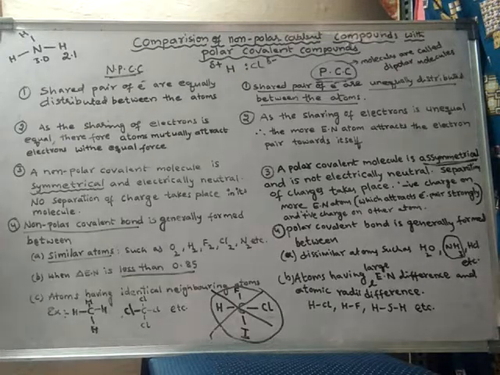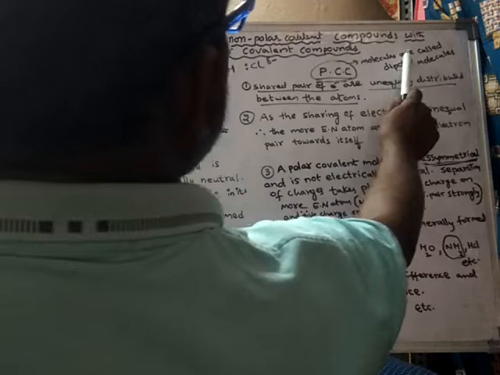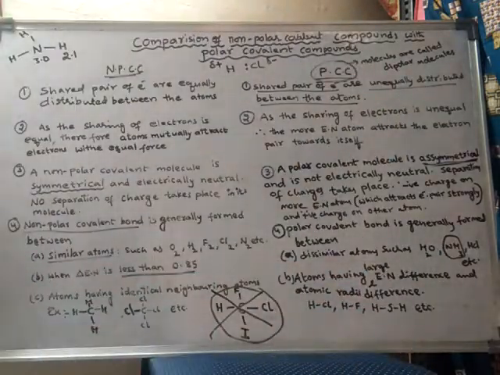Right. So in this way we have compared the non-polar covalent compound with the polar covalent compounds. And one more thing, the polar covalent compound molecules are called dipolar molecules. Why are they called dipolar molecules?